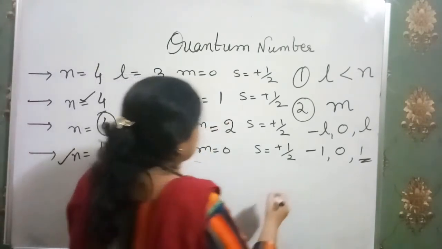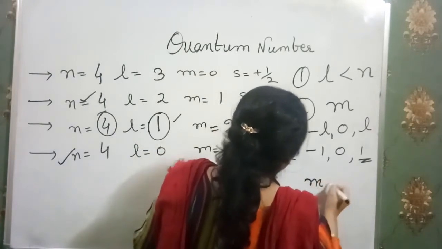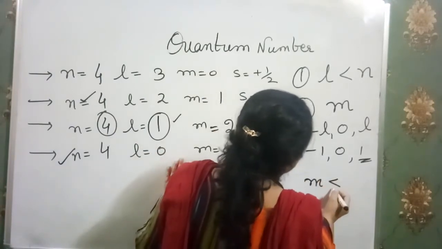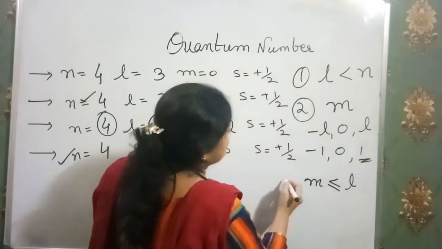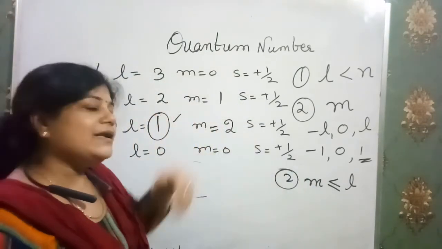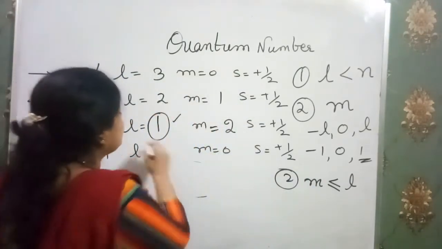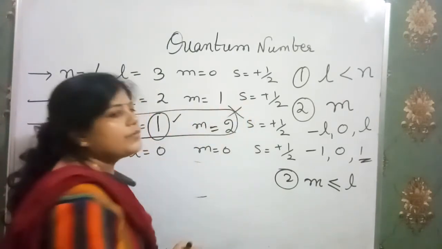That means the value of M is less than or equal to L. Second condition. Okay, either it is equal to L or less than L. Here the value of M is greater than L, so this condition is not possible.